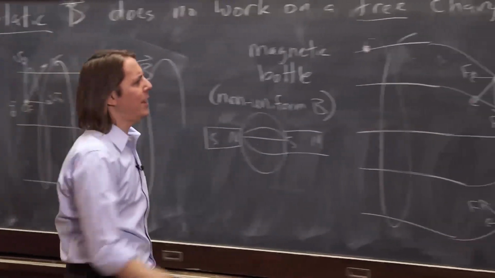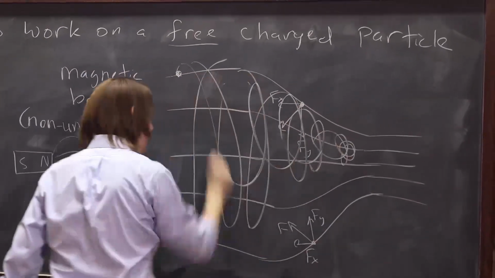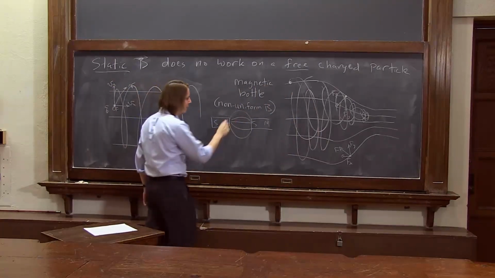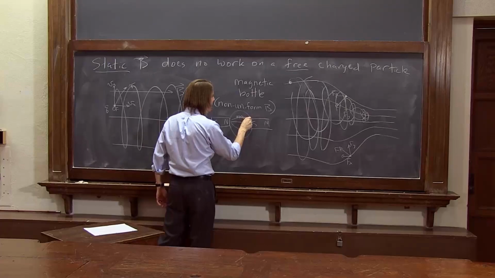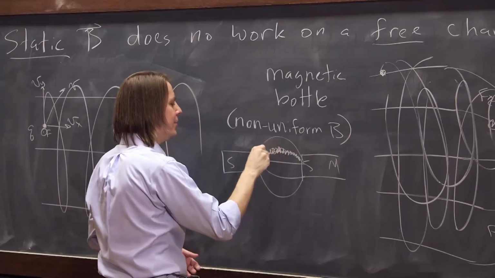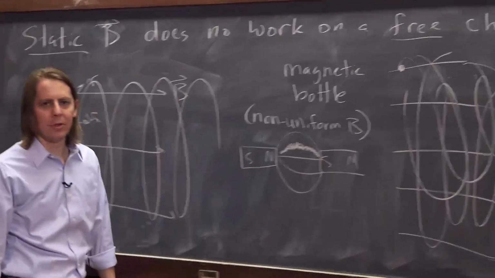Okay? So what happens actually is that the thing spirals and it bounces back. And if you have two of them, it's a bottle. The little particles will spiral along the field line, and then the non-uniformity of the field lines will make them come back, and it'll go to this side, and the non-uniformity will make it come back, and it'll go to this side, and back and forth, and back and forth.